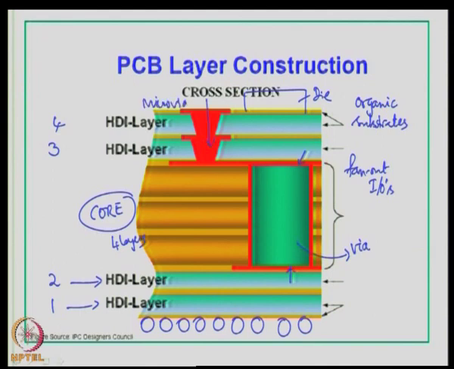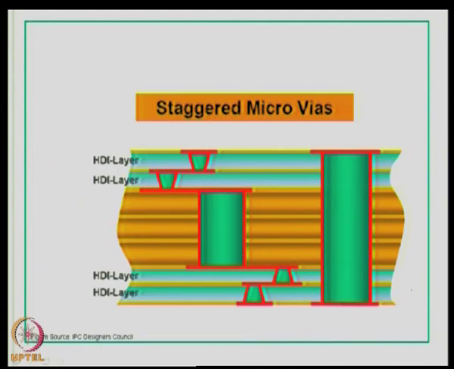These are vias which are very small. I think I have introduced what a via and a micro via is. These dimensions are very small, of the order of 125 microns or less. Therefore, you can expect in a BGA this kind of a cross section and build up.